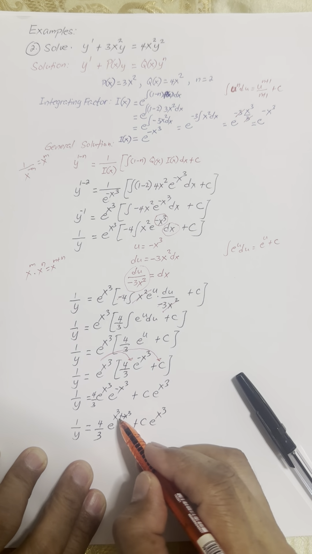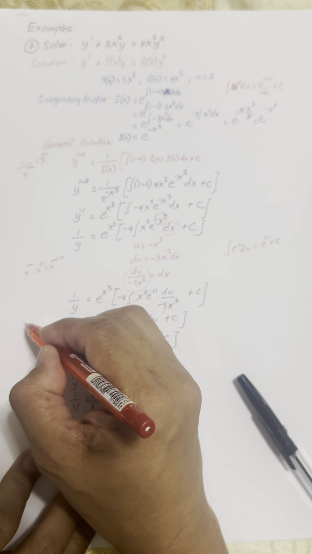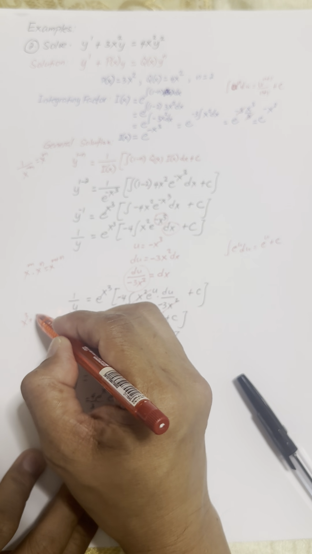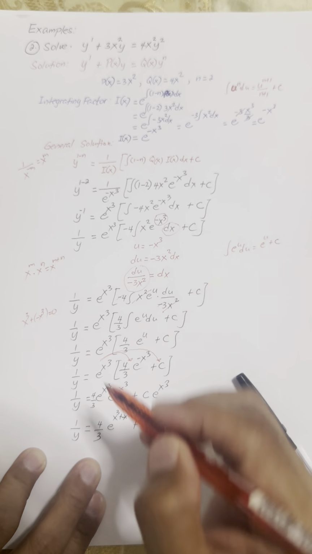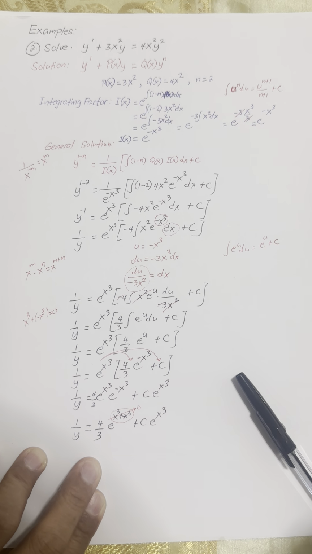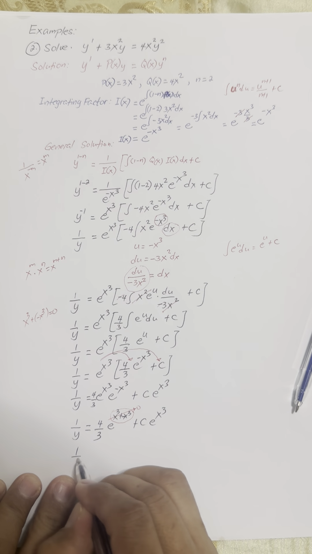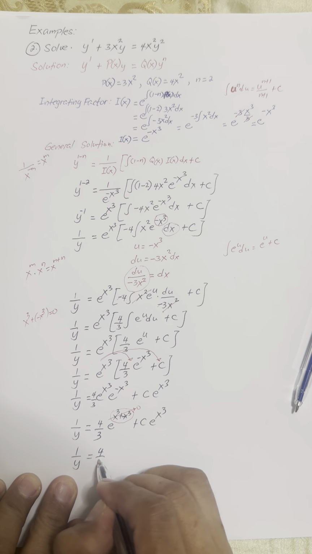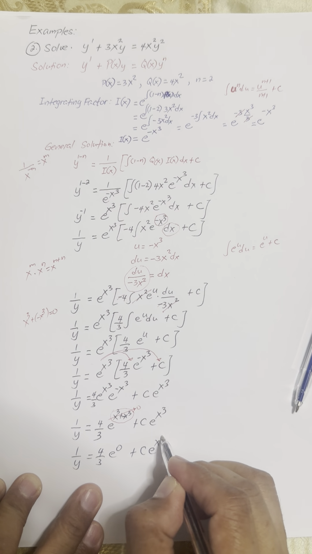So in combining, we have x cubed plus negative x cubed, which is just equal to 0. So we have 1 over y equal to 4 over 3 e to the 0 plus c e to the x cubed.